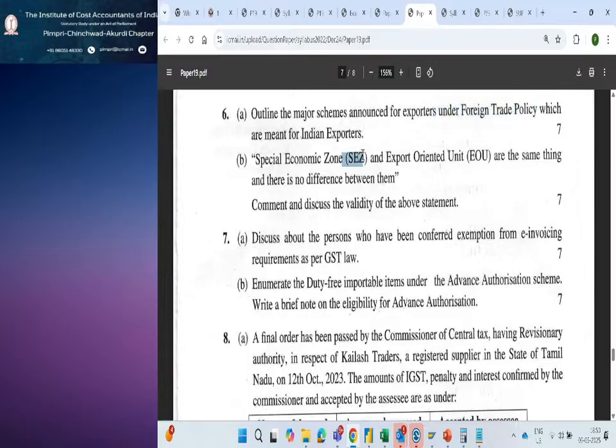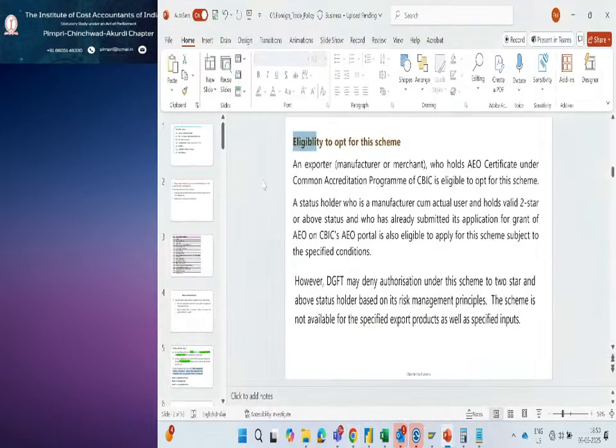The other one is related to SEZ and EOU, and there is one more, which is the scheme we are discussing, the advance authorization scheme. Here we have both the questions: duty free importable items and a brief note on the eligibility for advance authorization. Yes, the same one which we saw yesterday.